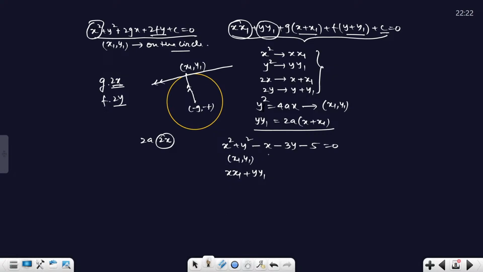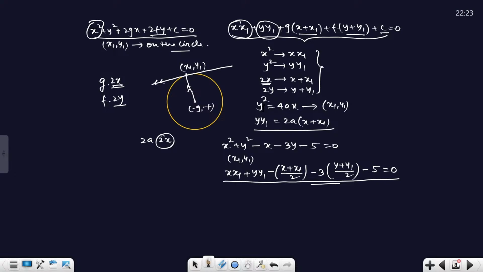Then we have minus x, but when there is 2x you have to replace it by x plus x1, so x will be replaced by (x plus x1) over 2. Here there is minus 3 and y is there, so y will be replaced by (y plus y1) by 2. Are you getting my point? Yes, sir. And don't touch the other constant. That's it. That's the equation of the tangent. Instantly you can find it out.